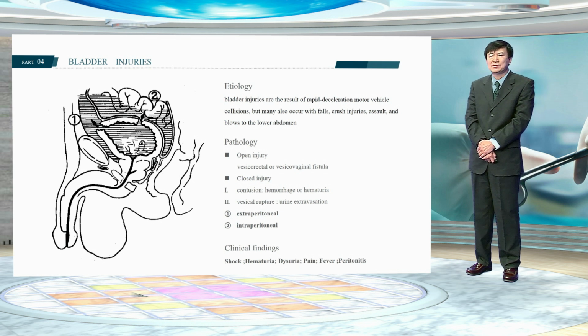The patient may have shock caused by pelvic fracture, abdominal pain, hematuria, dysuria, and azotemia. In extraperitoneal rupture, there might be suprapubic tenderness, lower abdominal bruising, muscle guarding, and rigidity. Digital rectal examination can find mass and tenderness.